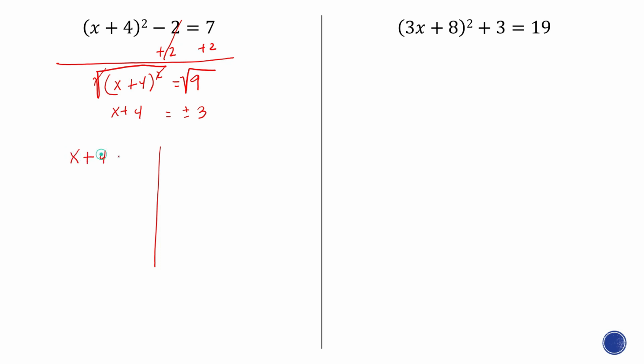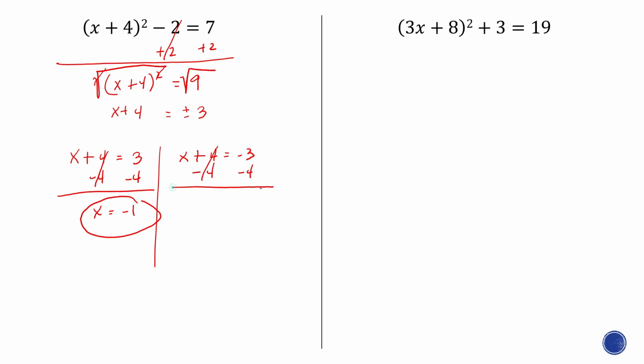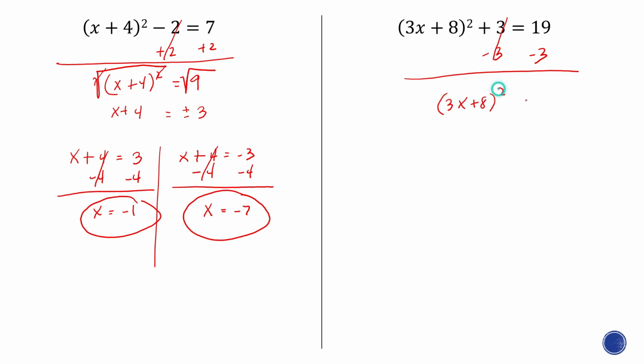The first one is x plus 4 equals 3, and the second one is x plus 4 equals negative 3. To solve this, subtract 4, and this will be negative 1. And then the second one, subtract 4 on both sides, that will be negative 7. Alright, let's answer the last example here. Subtract 3 on both sides, that'll give us (3x plus 8) squared equals 16.